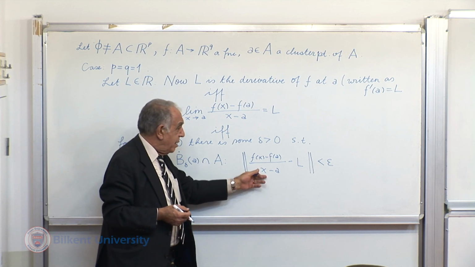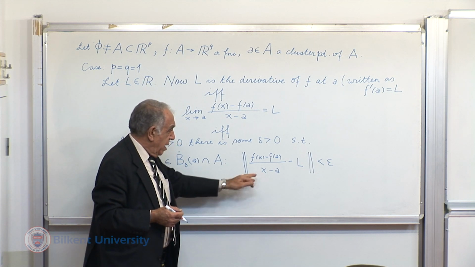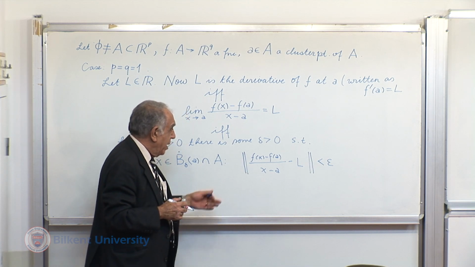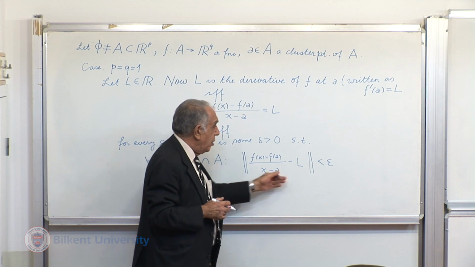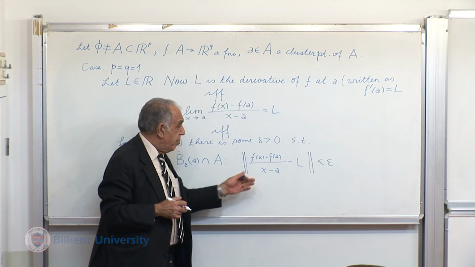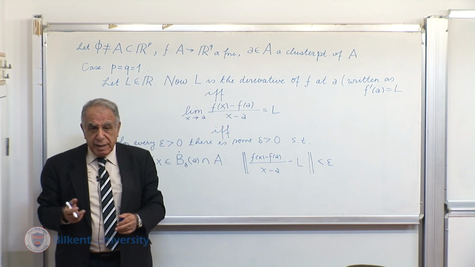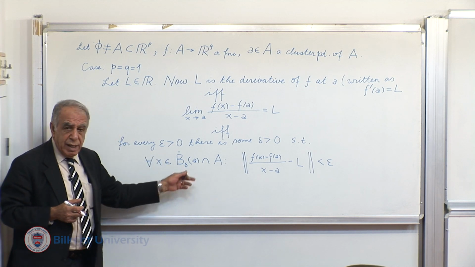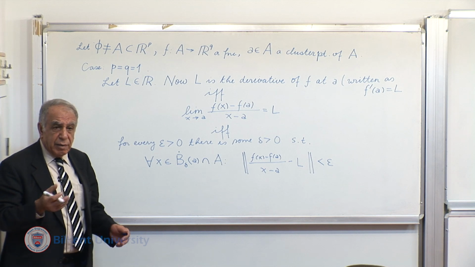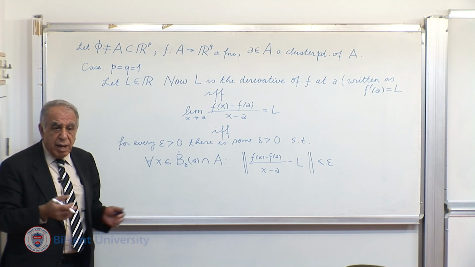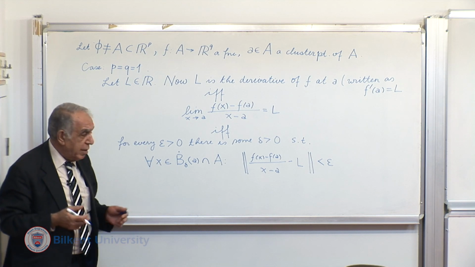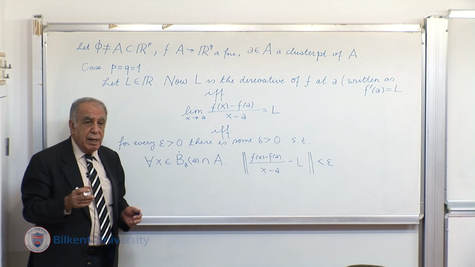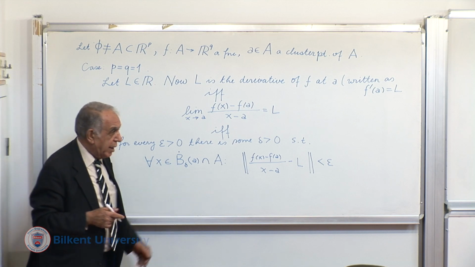Well, as it is this division which actually leads to a problem, now let's multiply both sides of this by the norm of x minus A. Since we never consider x equal to A, the norm of x minus A will be positive. If I multiply both sides of an inequality by a positive number, what I obtain is equivalent to the former case.